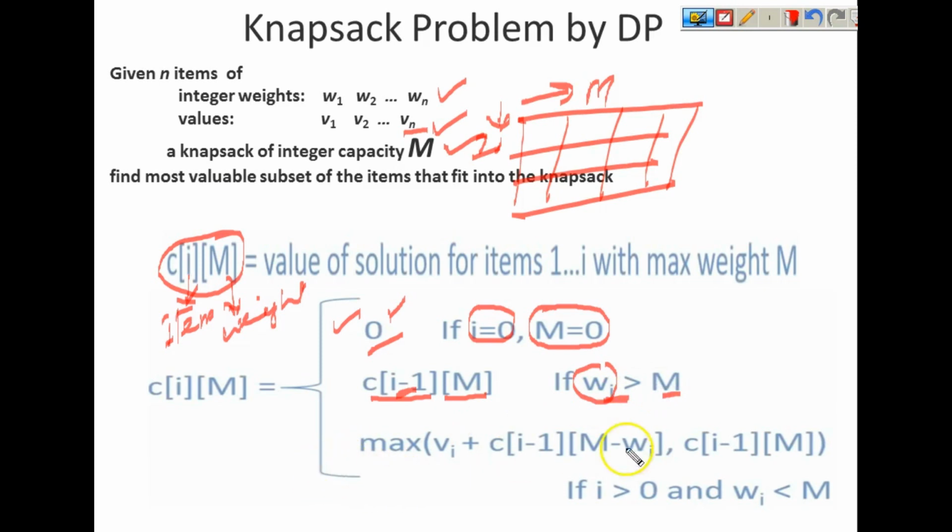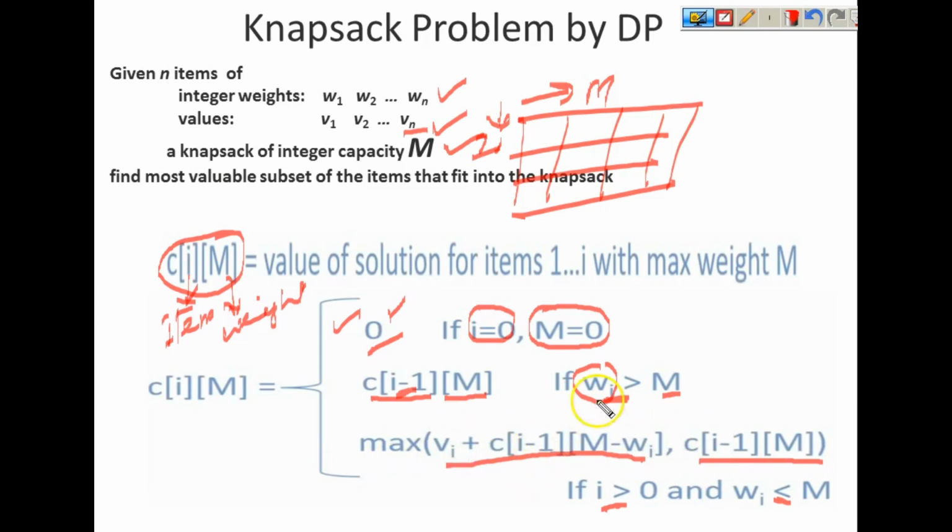The third case is if the item weight is less than or equal to the knapsack weight. Then we have to make a choice between two options, and out of these we need to take the maximum.